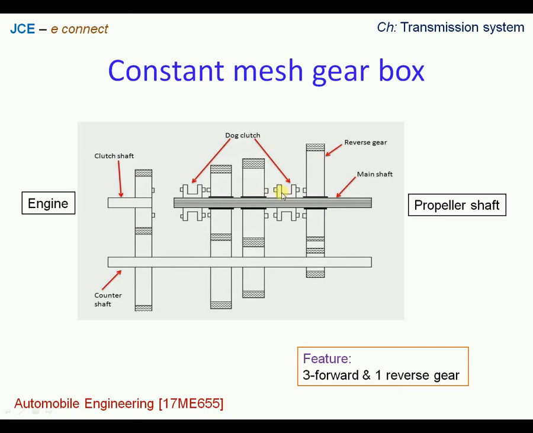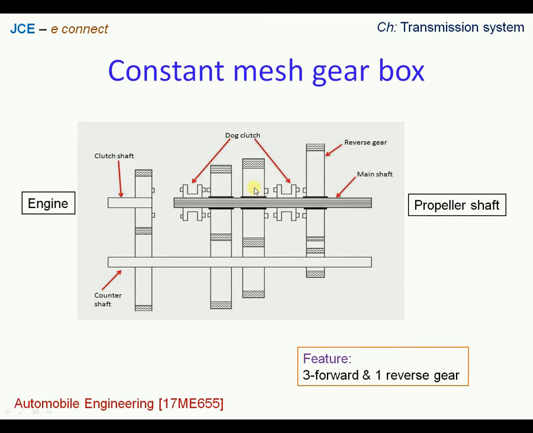So when the clutch dog on my right is in mesh with the first gear, we see that the power that is transmitted from the engine to the clutch shaft will be communicated to the lay shaft. From the lay shaft, gear number 2 will be set in rotation, and this is in mesh with gear number 1 on the main shaft.